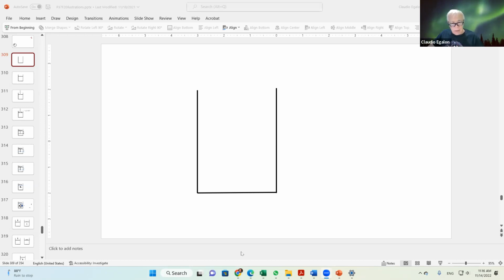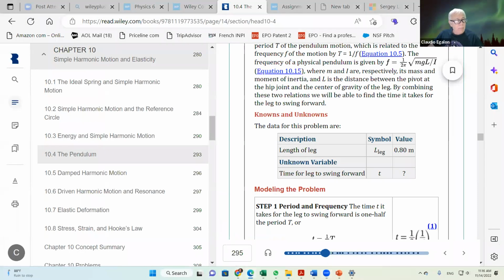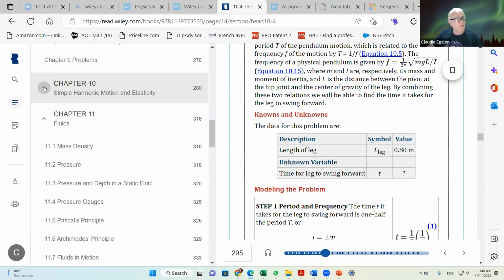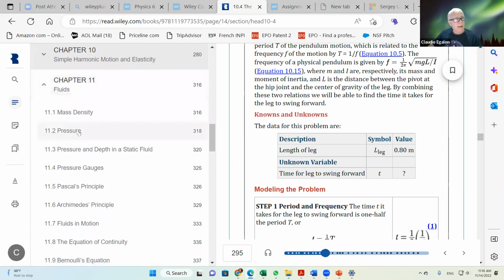So we're done with this chapter 10. Okay, 10.1, 10.2, 10.3, and 10.4. Everything else is more advanced stuff that we usually teach in calculus-based physics courses. What I want to do is go for chapter 11.